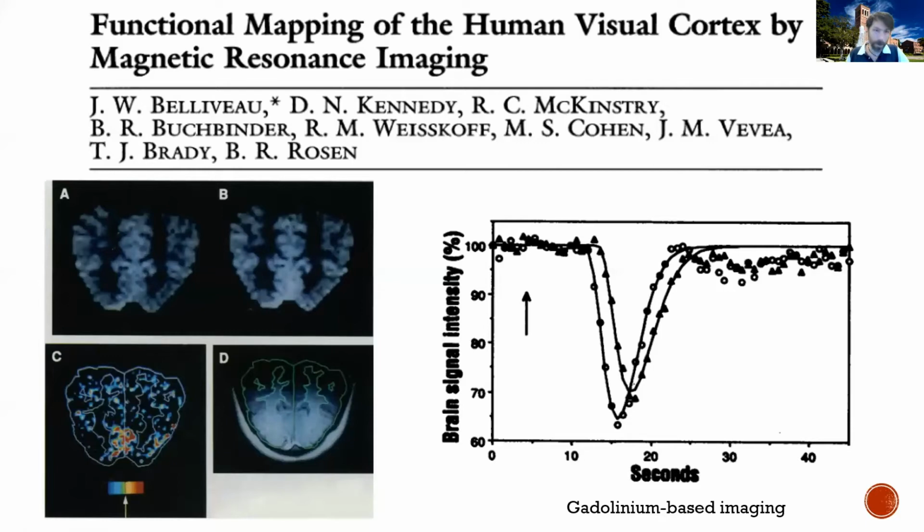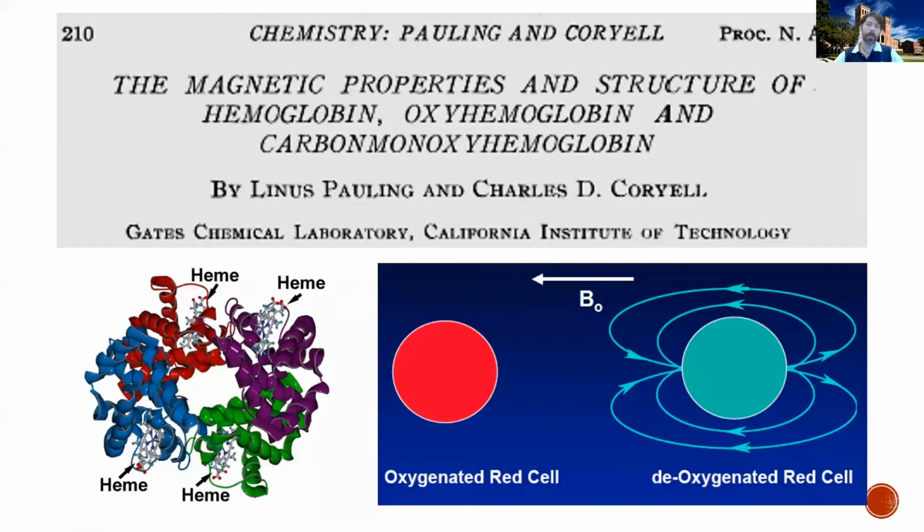Now, of course, not everybody is excited to the idea of getting a shot of gadolinium for an experiment. And as you know, there is an endogenous tracer inside the human brain, which is deoxygenated hemoglobin. And this was published in 1936, actually, by Linus Pauling and Charles Coryell.